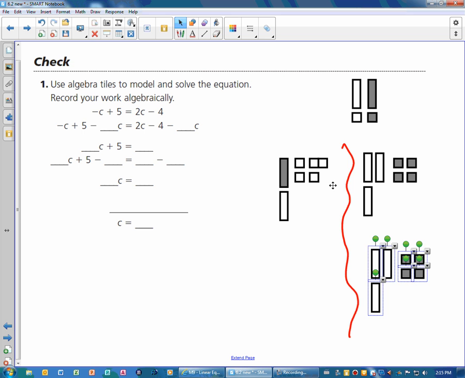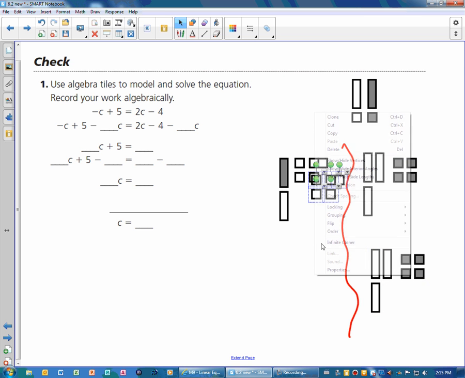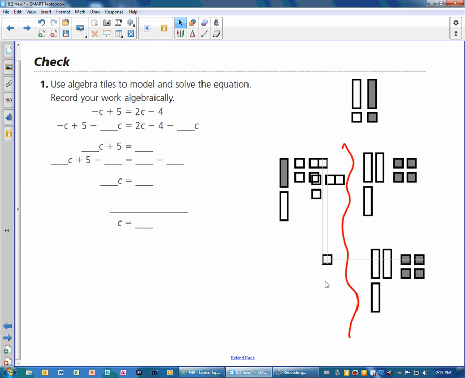These are gone, so those guys remain. 2, 3, 4, 5. Okay, that's my second picture. Now what have they done up here? It says negative c plus 5 minus c.